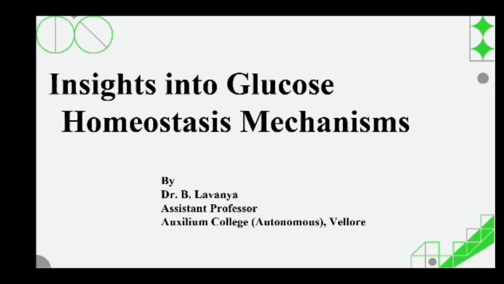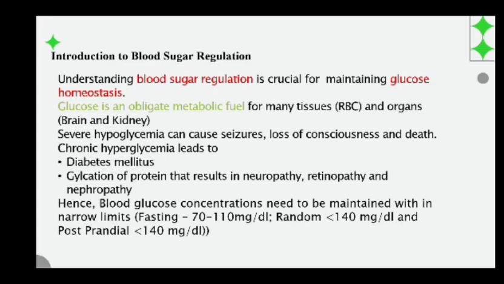Today we are going to see about glucose homeostasis mechanism. Understanding blood sugar regulation is crucial for maintaining glucose homeostasis. Glucose is an obligate metabolic fuel for many tissues such as RBCs and organs such as brain and kidney.